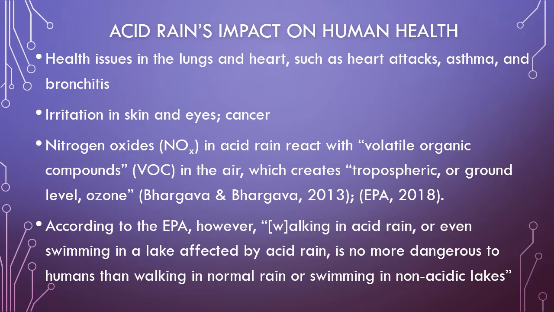Acid rain can also negatively impact human health, particularly dry acidic deposition, because the acidic particles that make up the majority of acid rain, which are sulfur dioxide and nitrogen oxides, as previously mentioned, basically interact as gases in the atmosphere to form fine sulfate and nitrate particles that can be transported long distances by winds and inhaled deep into people's lungs.